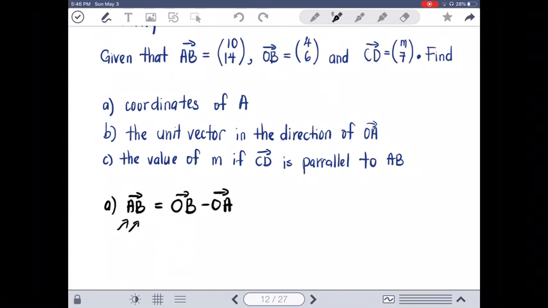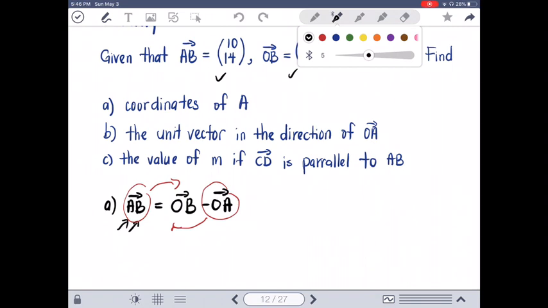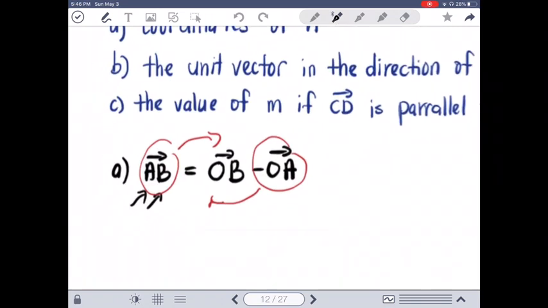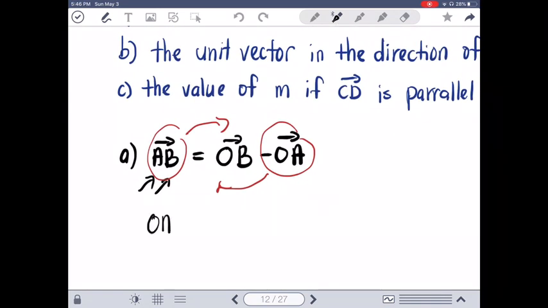So do we have OB? Yes, we do have OB, and we do have AB. Our aim is to find OA. So what I will do is just bring OA to the left hand side and AB to the right hand side. So this will produce vector OA equals OB minus AB.